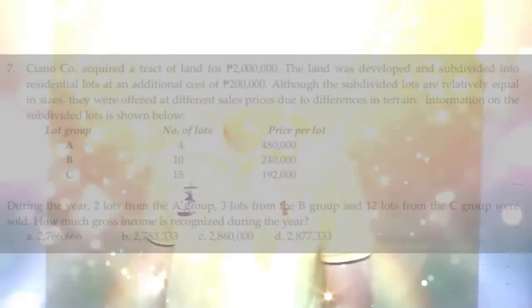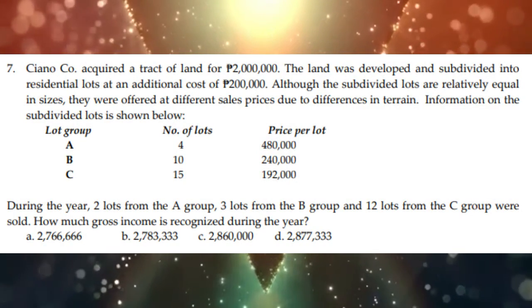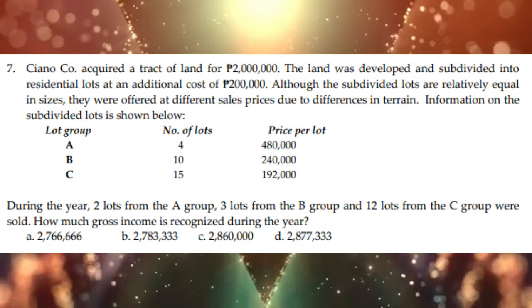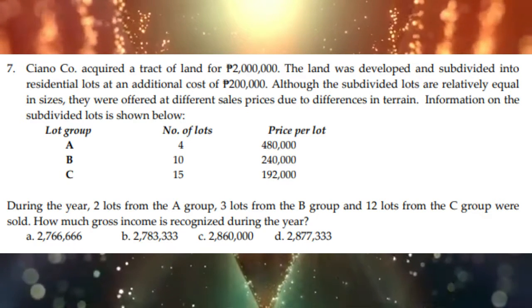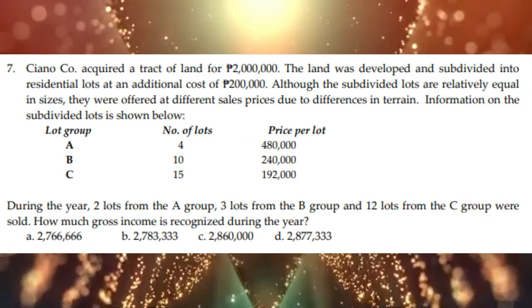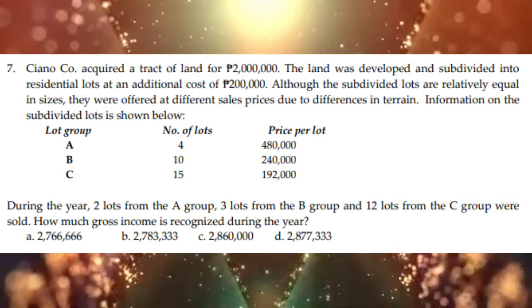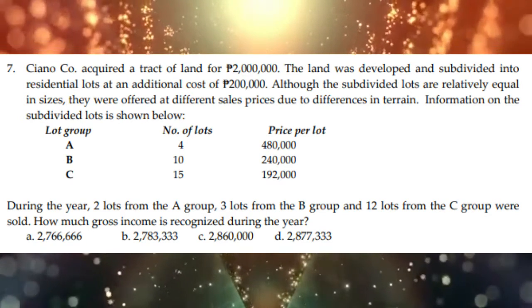Seventh question. Shano Corporation acquired a tract of land for 2 million pesos. The land was developed and subdivided into residential lots at an additional cost of 200,000 pesos. Although the subdivided lots are relatively equal in size, they were offered at different sales prices due to differences in terrain. Information on the subdivided lots is shown below. From Group A, the number of lots is 4.